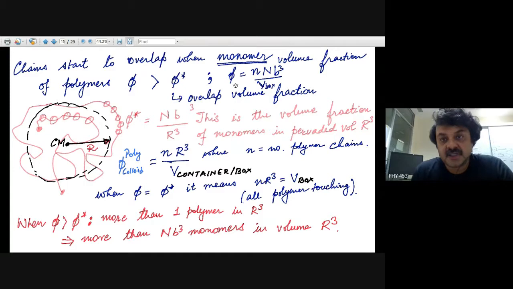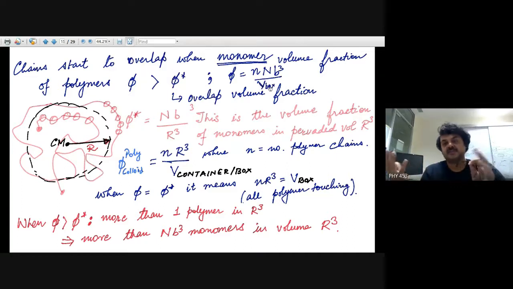The chains start to overlap when the monomer volume fraction phi is given as n times N times b cubed divided by V box, where small n is the number of polymer chains and capital N is the number of monomers in a polymer chain. So nN is the total number of monomers in the entire system with volume V box, the volume of the solution in a beaker or test tube.